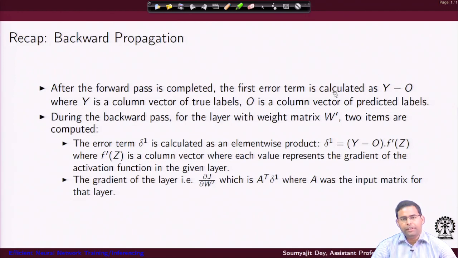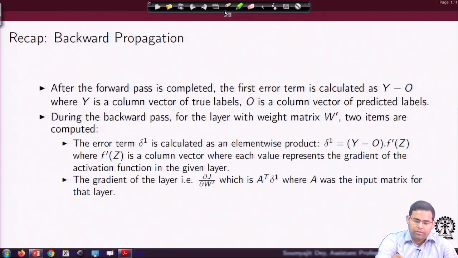While completing the forward pass over a neural network, we were denoting the error term as y minus o, where y is the column vector of true labels and o is the column vector of the predicted labels, like we discussed earlier. And then during the backward pass, which started with the layer with the weight matrix W prime, we computed the following quantities.